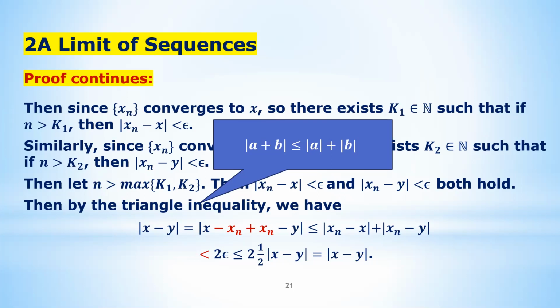There's no such number. So this contradicts common sense. This contradiction shows that our original assumption is wrong. So this completes the proof.